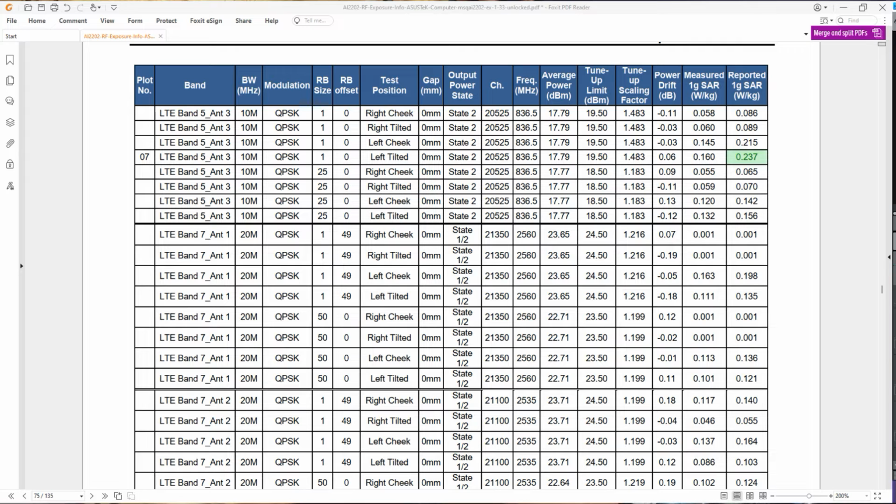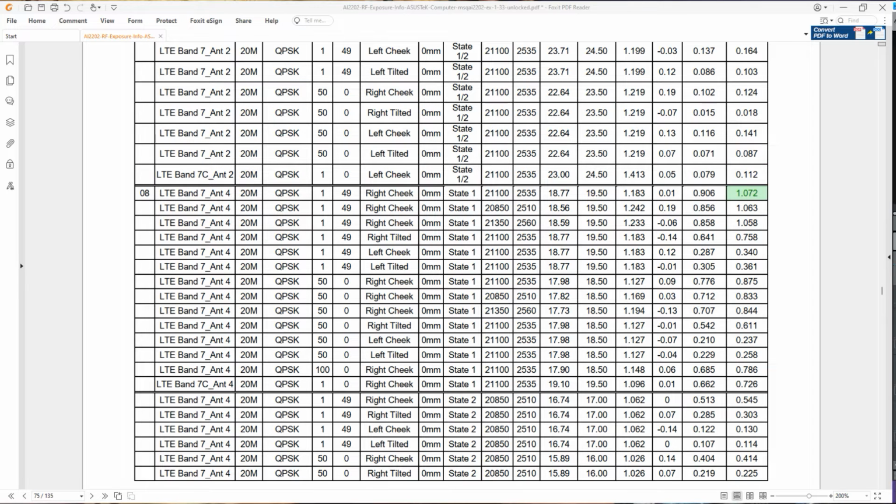But you can see here, LTE band 7 antenna 1, QPSK, right cheek 0 millimeters, the SAR value is 0.001. Okay, well that's pretty low. Then you come down here, LTE band 7 antenna 4, QPSK, right cheek 0 millimeters, 1.072. So as you can see, these results vary pretty wildly, and that's important.